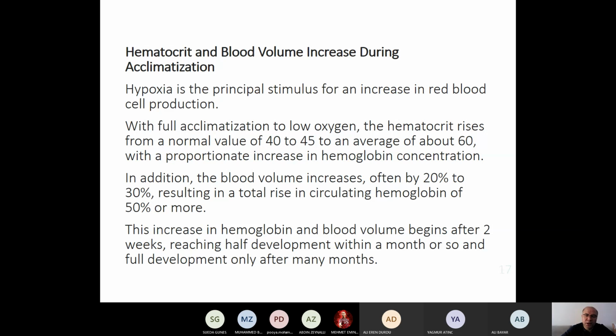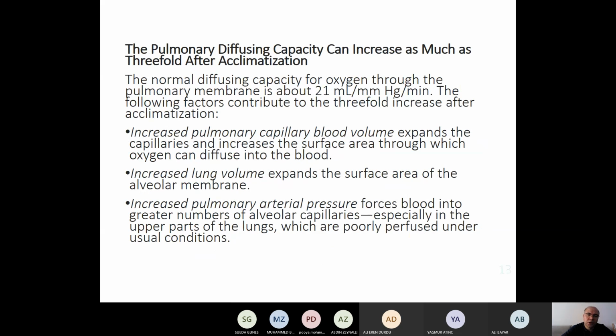In addition, blood volume often increases by 20% to 30%, resulting in a total rise in circulating hemoglobin of 50% or more. This increase in hemoglobin and blood volume begins after 2 weeks, reaching half development within a month or so, and full development only after many months of staying at high altitude.